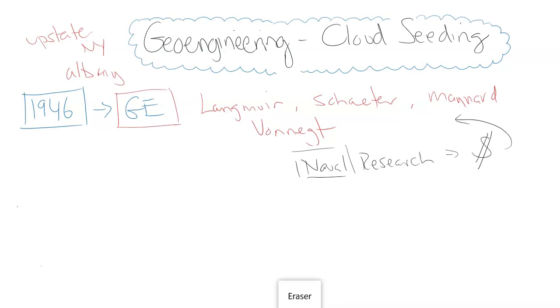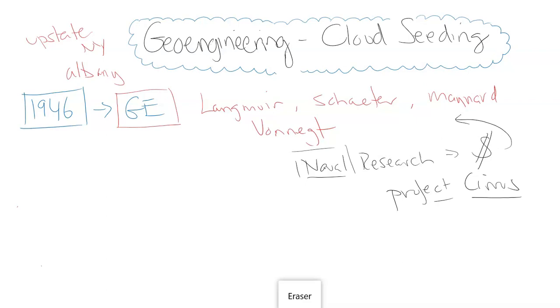So they were able to start this thing called Project Cirrus. And this project was influential in really pushing the ideas and boundaries of cloud seeding and what we could use to seed the clouds and to effectively create rain, snow, or more rain in certain areas of the world.